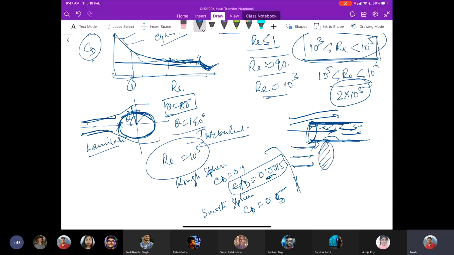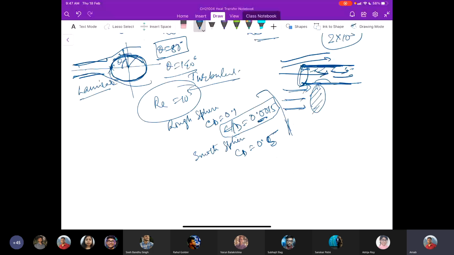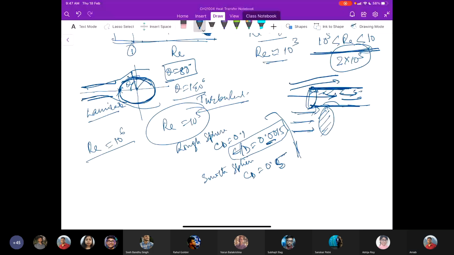However, when you cross this region where the CD drops considerably, as we discussed, for the same scenario, say Reynolds number 10 to the power 6, CD in one case is 0.4 and in the other case it is 0.1.